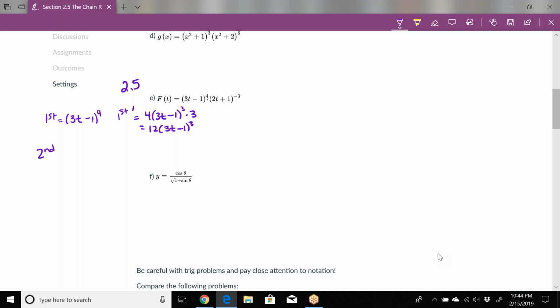The second function is (2t + 1)^(-3), and its derivative is going to be -3(2t + 1)^(-4) when we subtract a power, times a chain of 2, and that makes this one -6(2t + 1)^(-4).